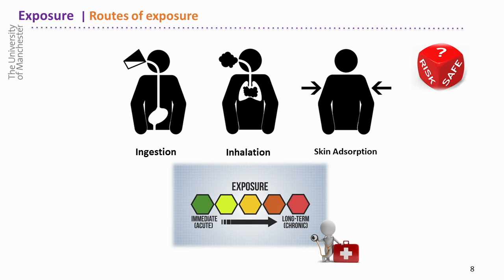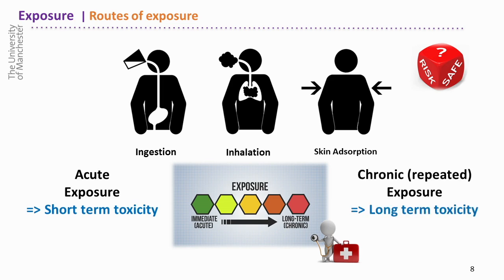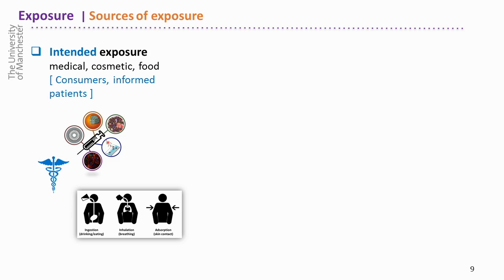One important aspect to consider also is what kind of exposure you have. Is it just a one-off exposure, or is it a long-term chronic exposure? Obviously the toxicity related to this will be different. The intended exposure is when we use foods or cosmetics which have nanomaterials in them, and there are a lot of claims that come with nanomaterials.